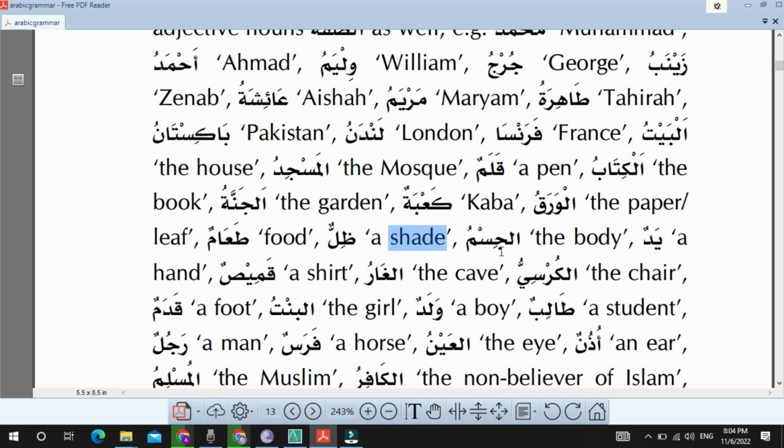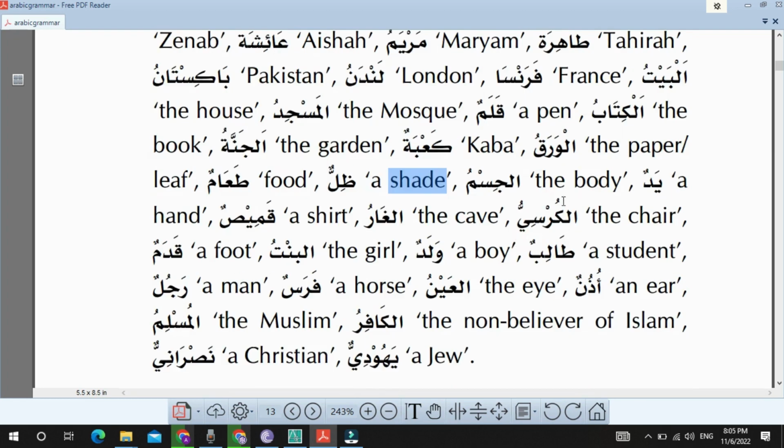Al-Jismu. This is used for the body. Yadun, a hand. Qamisun, a shirt.